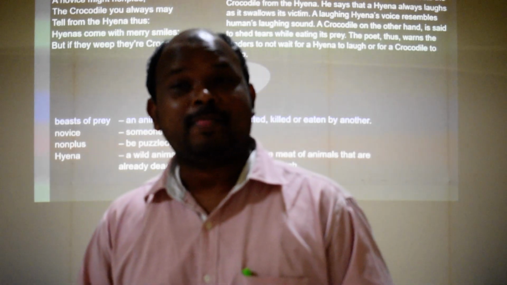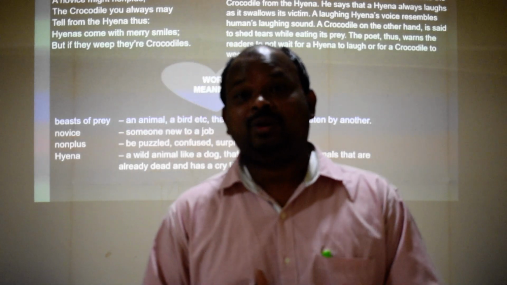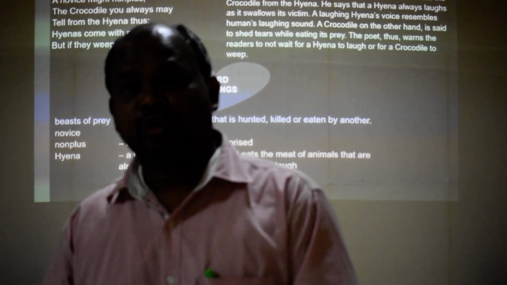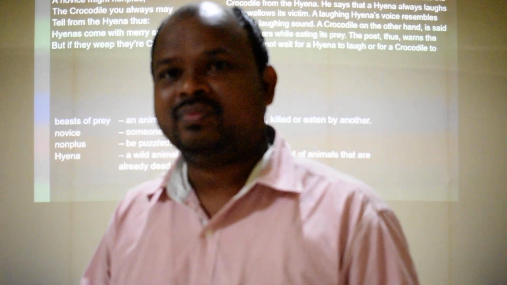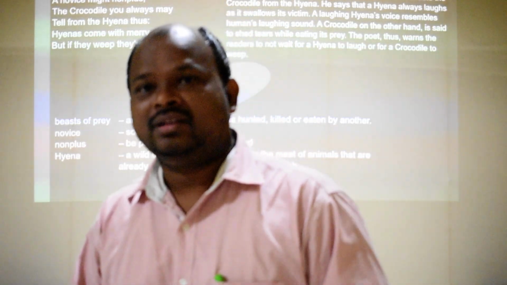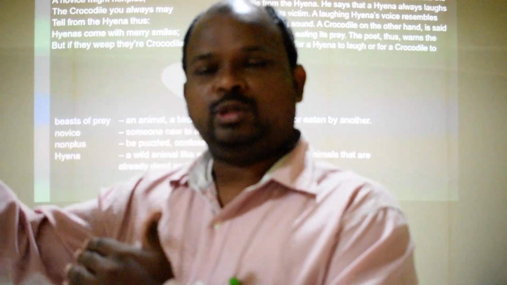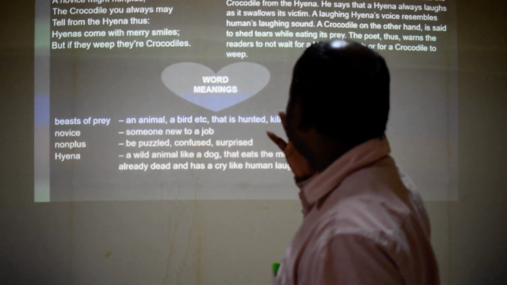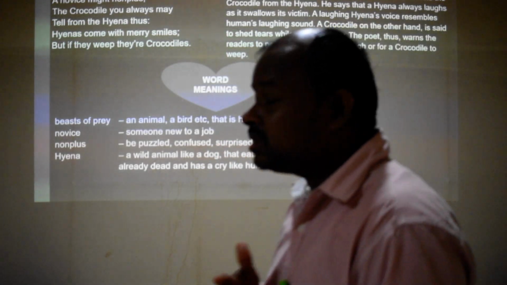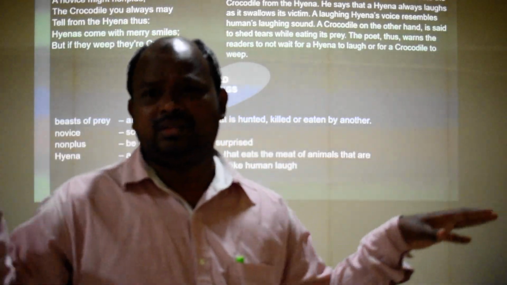Can we imagine? Most of the time, as students or small kids, we don't differentiate between the animals. Some animals look the same, correct? But as we grow older or mature, we come to know the different animals. Here, the poet says that a novice may be puzzled or confused. Most of the time we get confused identifying the animals.